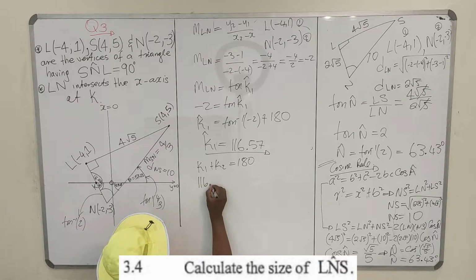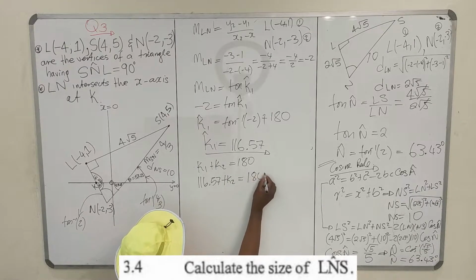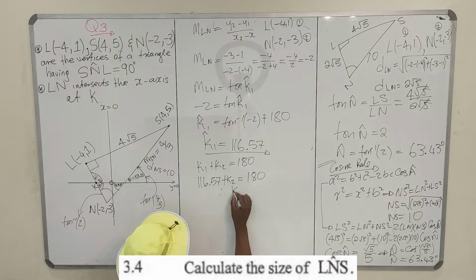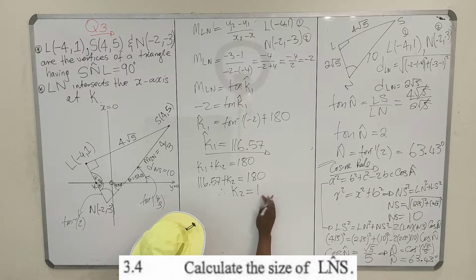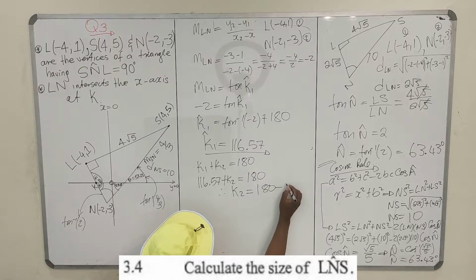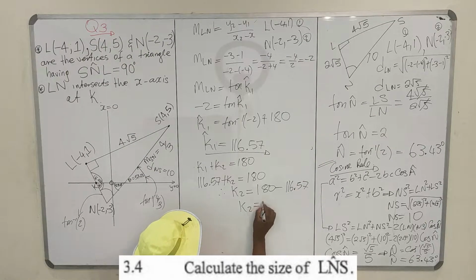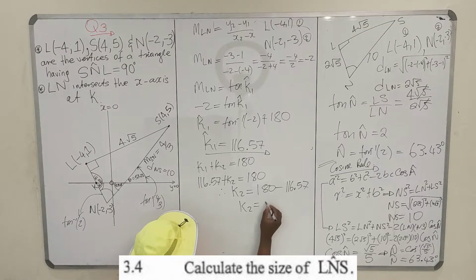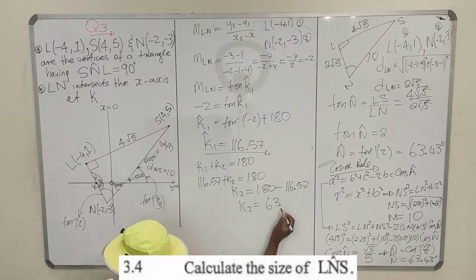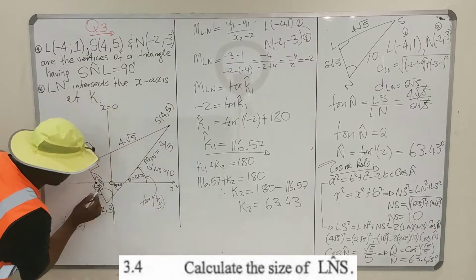K1 is 116.57 plus K2 is equal to 180. Therefore, K2 is equal to 180 minus 116.57. So it's 63.43. So this K2 is this angle here.